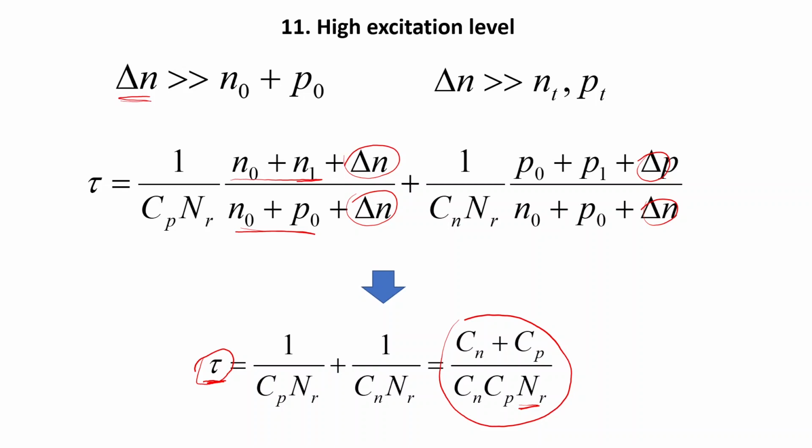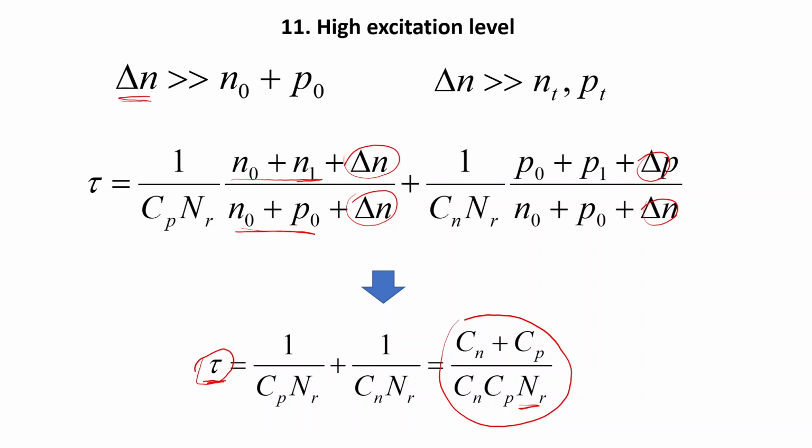It means that we always deal with some instantaneous value of recombination lifetime, which changes over time as non-equilibrium charge carriers recombine and reduce their concentration. In the case of trap-assisted recombination, both low level of excitation and high level of excitation provide us with a constant value of trap-assisted recombination lifetime.